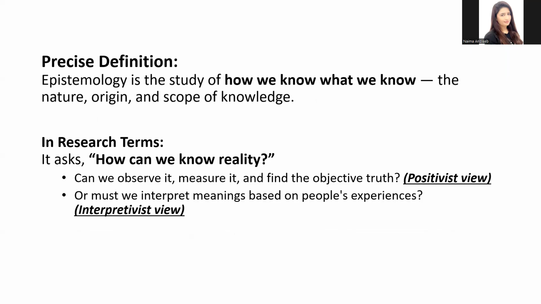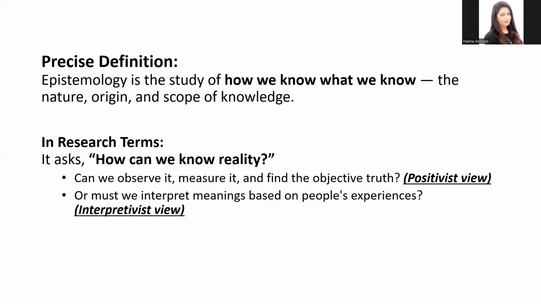In research terms, how do we know the reality? Can we observe it, measure it, and find the objective truth? That is the positivist approach. Or must we interpret meanings based on people's experience? That is the interpretivist approach.